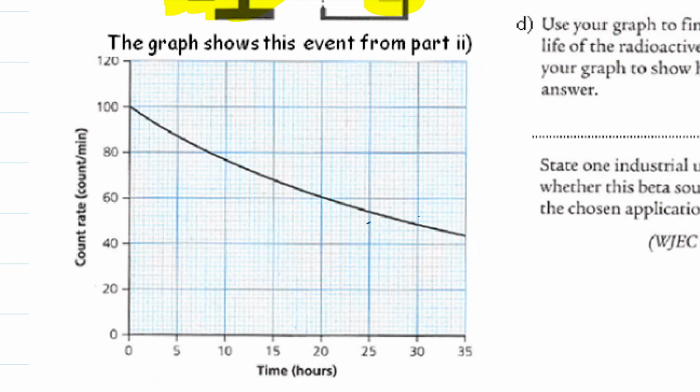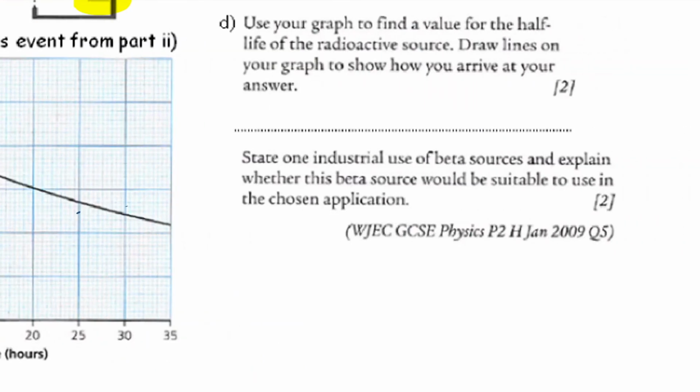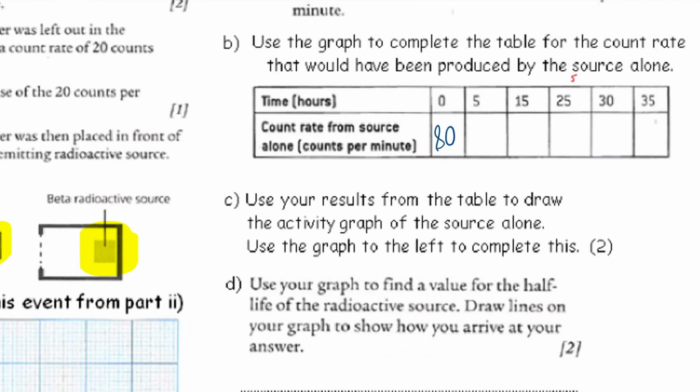So if we look at time 0, up to 80 would be due to the beta source, but then going from 80 up to 100 is an extra 20, due to the background radiation. So we've got to take 20 away from each of these values. Just be careful you don't get caught out here.